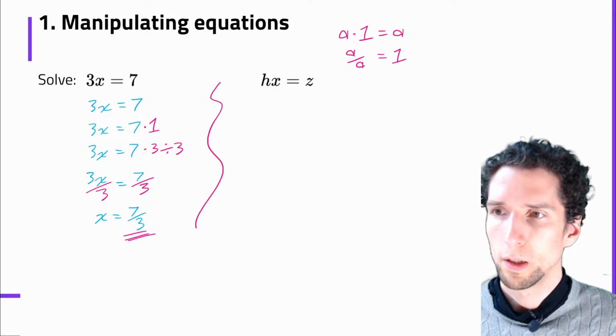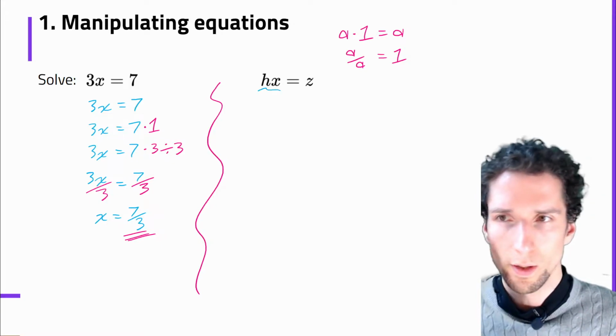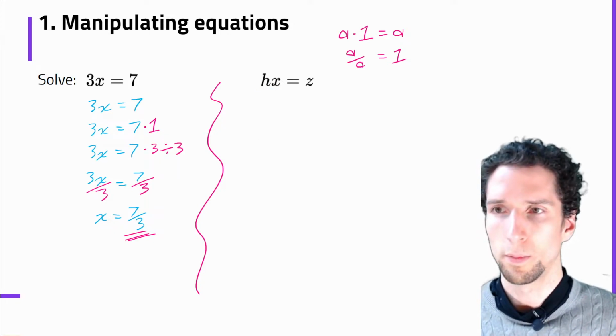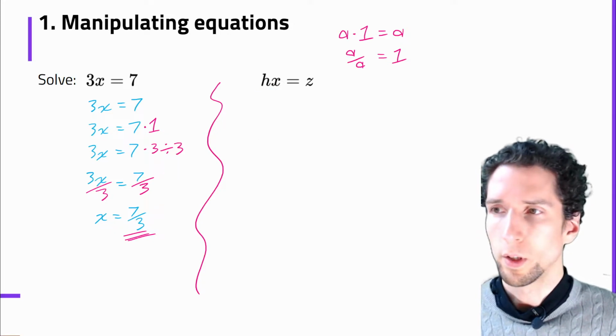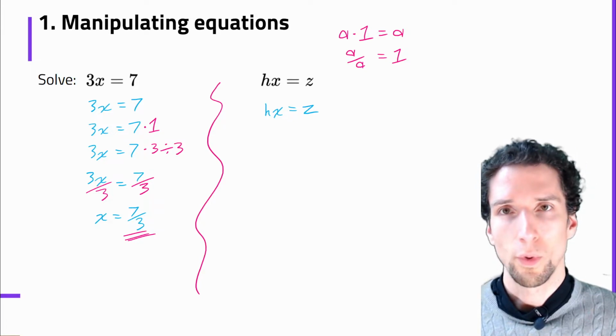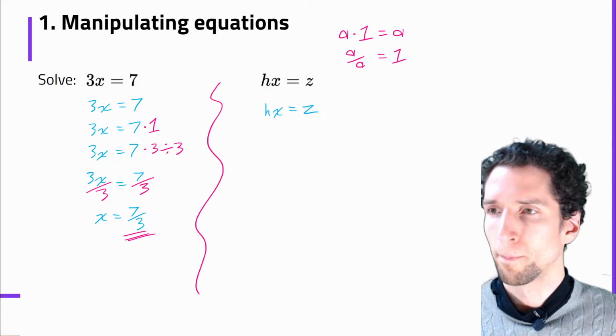So same thing, let's do here, except we have hx equals z, and we don't know what h is equal to. It's just a variable, could be anything. We can use the same process to rearrange and solve for x in terms of h and z here.